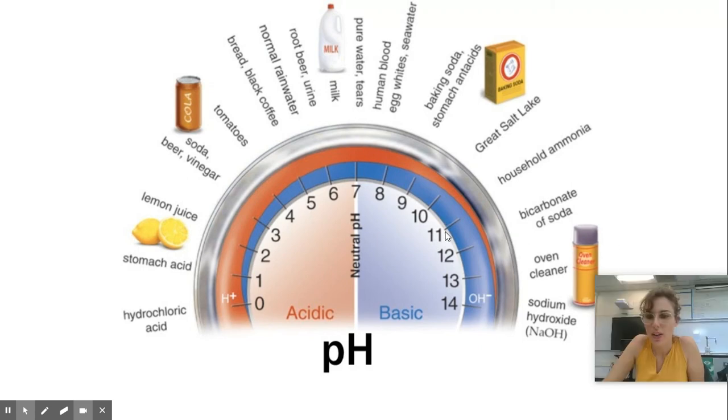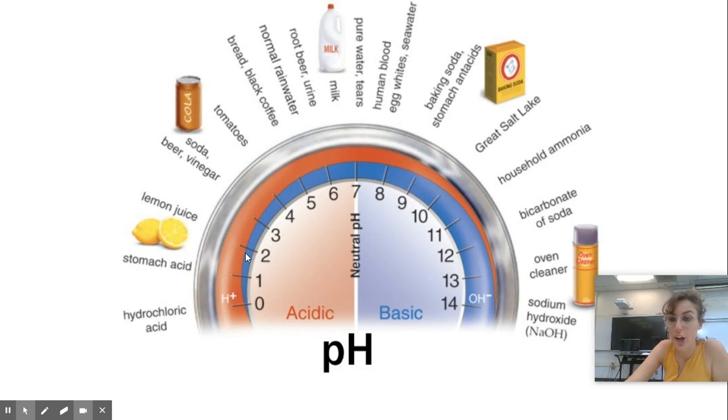Okay, so pH is all about the concentration, and specifically acidity. It's all about the concentration of hydrogen ions. So every change in acidity is a 10-fold change. So I also don't want you to think, if I go from a pH 4 to a pH 2, that's a difference of 20 in terms of concentration of hydrogen ions.